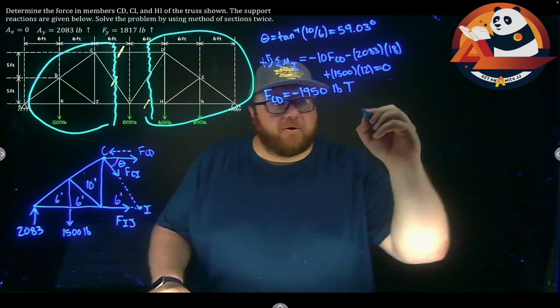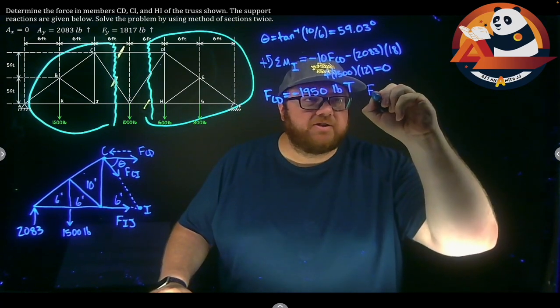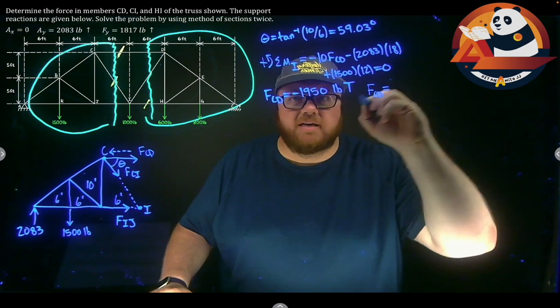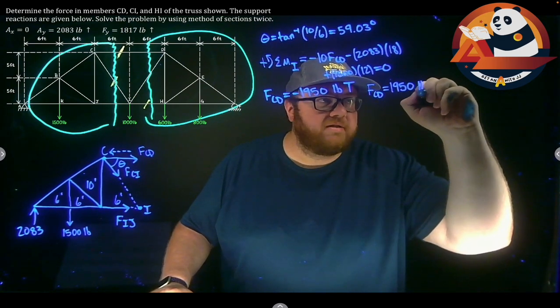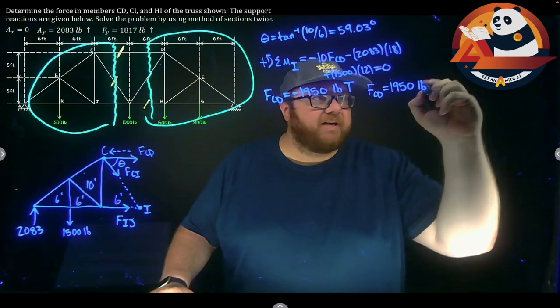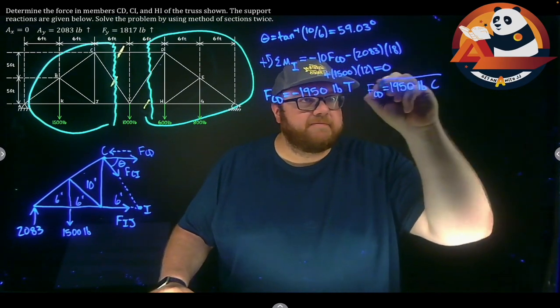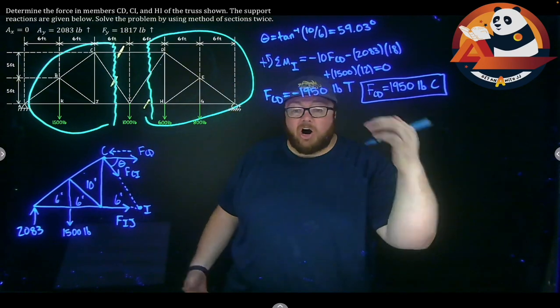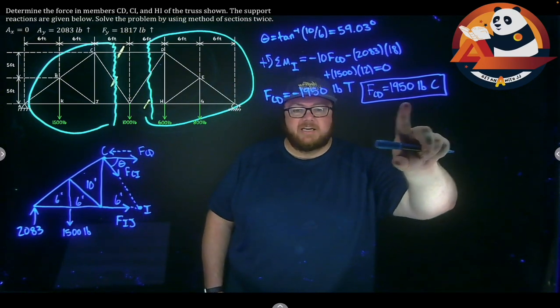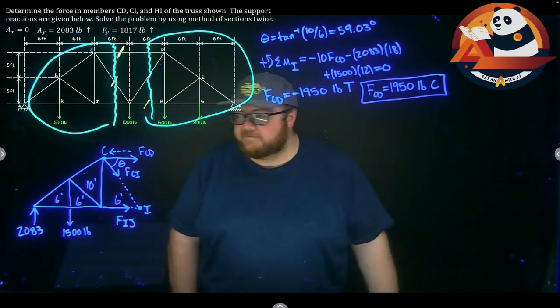My answer, I'll report it as a positive in compression. FCD is a positive. I drop the negative, 1950 pounds.